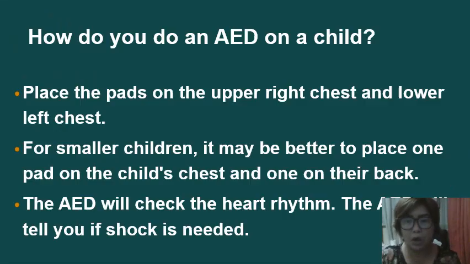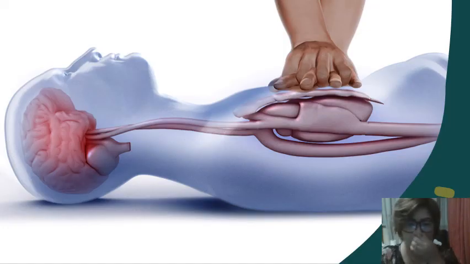These are now the steps on how to use an AED on a child. As I've already mentioned earlier, if it's a child or an infant, the pads must be placed one in the front of the chest and the other at the back. Okay, so this is now the picture.